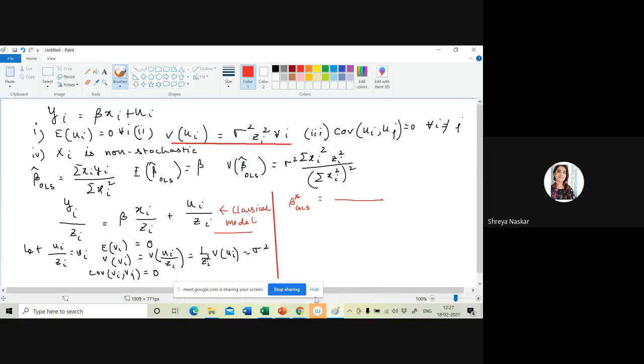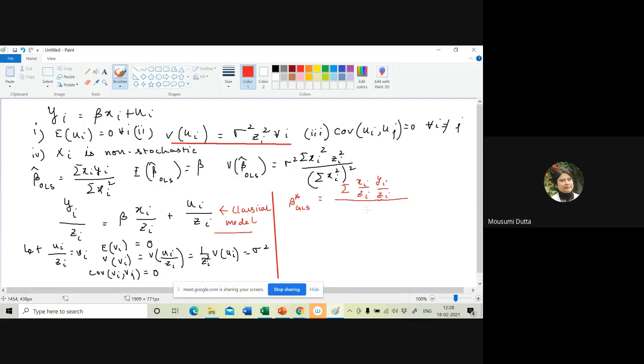But here we are taking Xi by Zi. So it will be summation of Xi Yi divided by Zi square, whole divided by summation of Xi by Zi whole square. Okay, so I'm writing this in a more easy version, where Xi by Zi into Yi by Zi. You have rightly said, summation XiYi divided by summation Zi square.